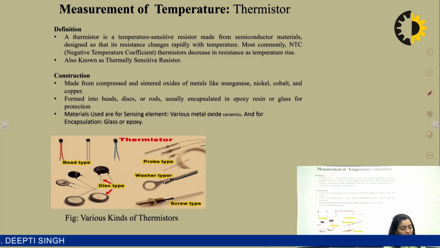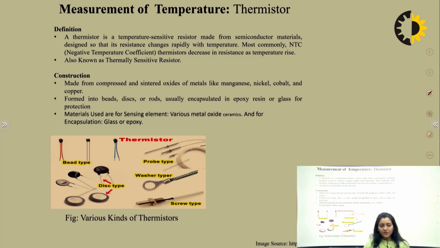NTC means negative temperature coefficient: as the temperature increases the resistance decreases, because thermistors are mostly made out of a semiconductor kind of material. So a thermistor is a temperature-sensitive resistance made from a semiconductor material designed so that resistance changes rapidly with temperature.